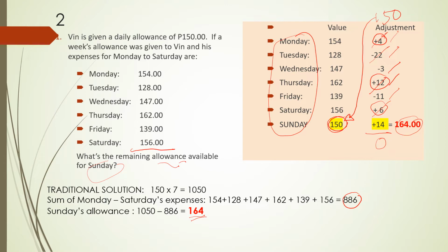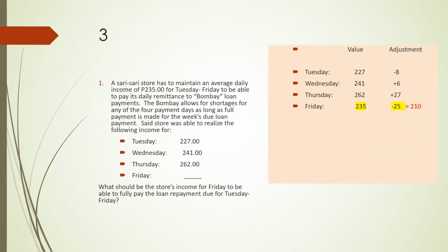Okay, so let's go for the third. For number 3, we need to recognize that a sari-sari store pays the Bombay collection representative on Tuesdays, Wednesdays, Thursdays, and Fridays for an average daily remittance of 235 pesos.